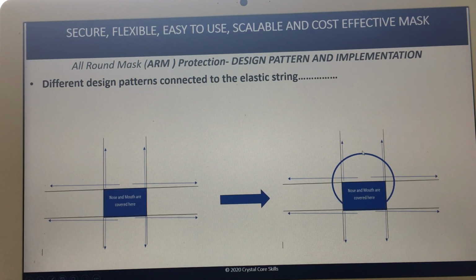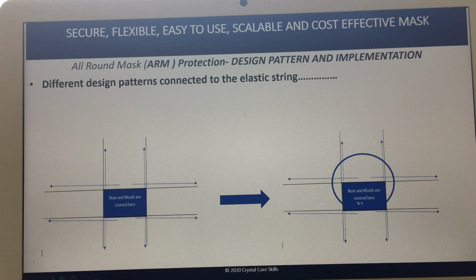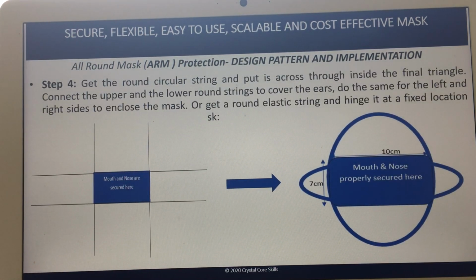So you can push this circular string inside there so that you have half of the string up and half of the string protruding down, and then you hold the two ends together towards you and push that rectangle outwardly to create a space in between where you push your head into the mask. So this is the design pattern, and this is the secure mask that we want to achieve, and it will look something like this. So this is it.